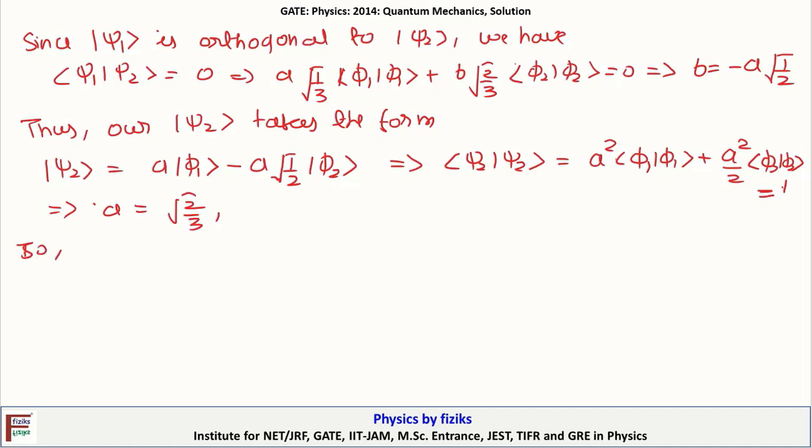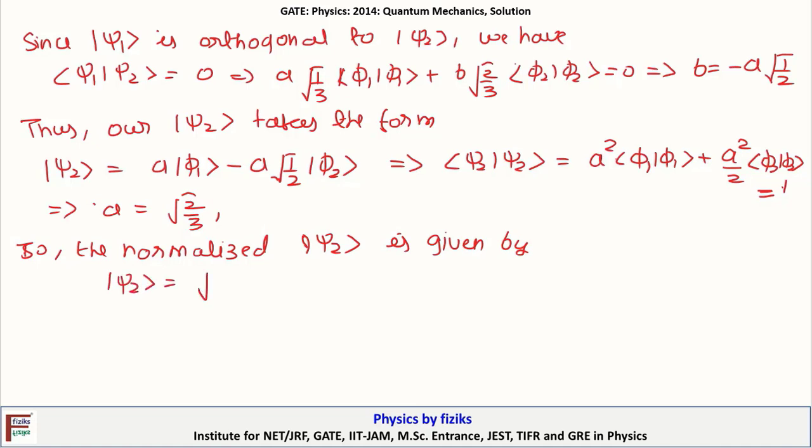So the normalized psi 2 is given by mod psi 2 is equal to root 2 by 3 of phi 1 plus minus 1 by root 3 of phi 2.